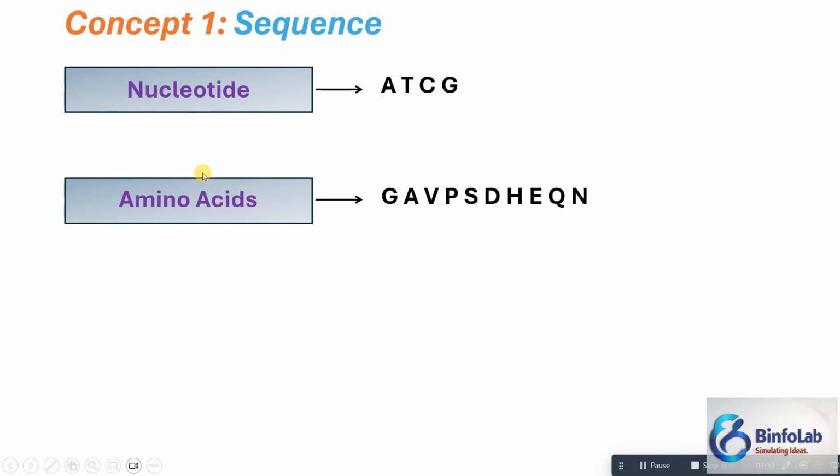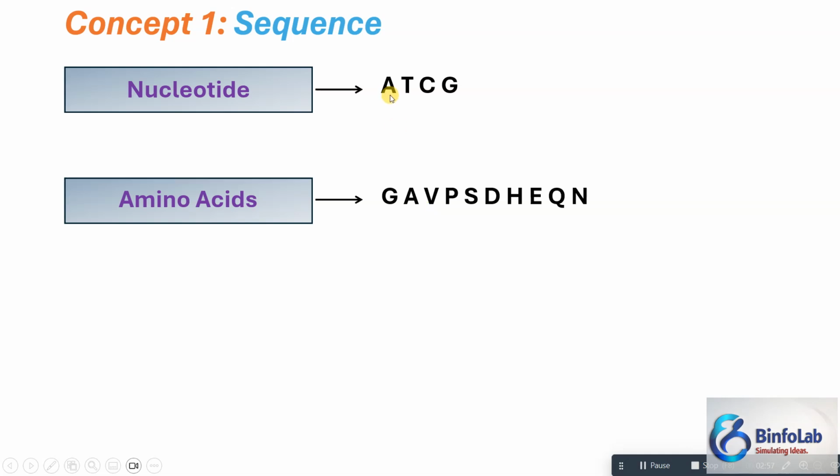I'm giving you the first concept, sequence. What is sequence in bioinformatics? When we hear this word sequence, what does it actually mean? Remember, the sequence means either this or this.